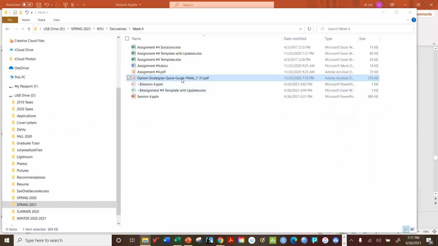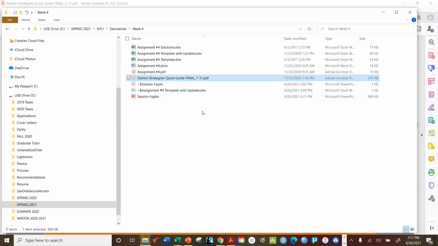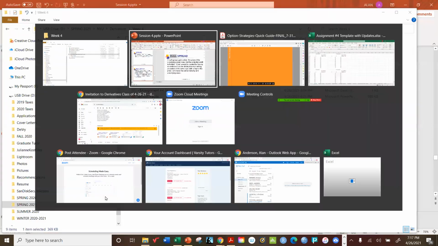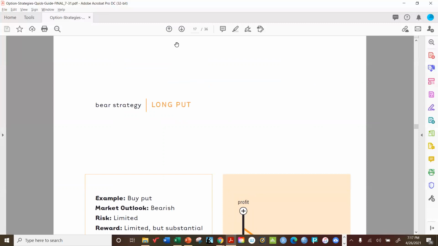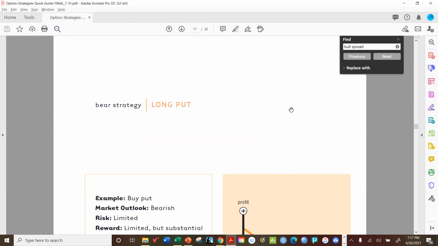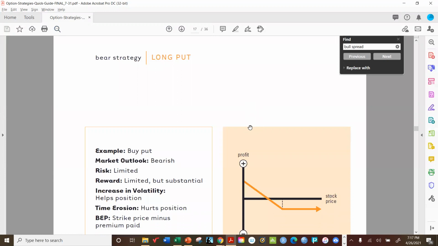Let's get it open again. I know this is in here. I'm going to see if I can find out what its opinion is of bull spreads. Oh, I don't know if it's possible to search a document like this.